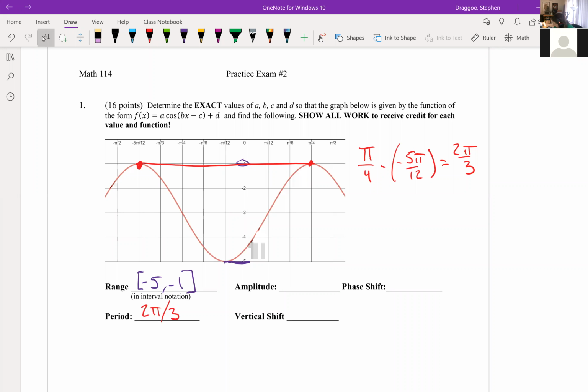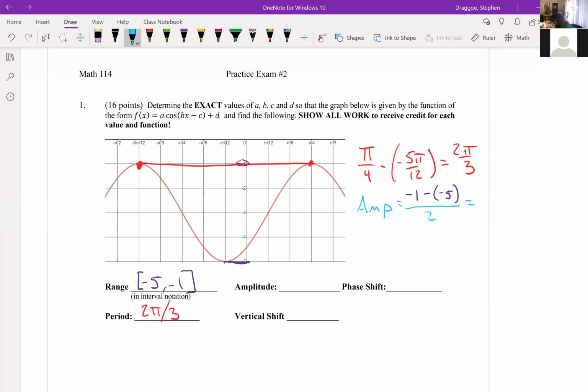Next, we want an amplitude and a vertical shift. And that amplitude will be -1 minus -5, divided by 2.